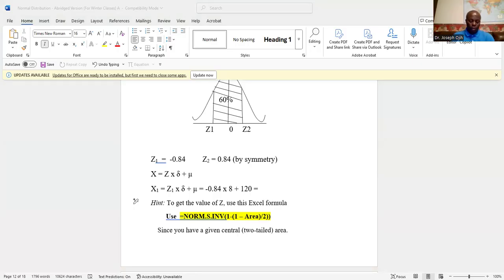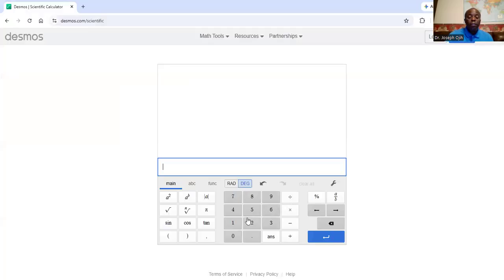Put this in the calculator: negative 0.84 times 8 plus 120, which gives us 113.28.